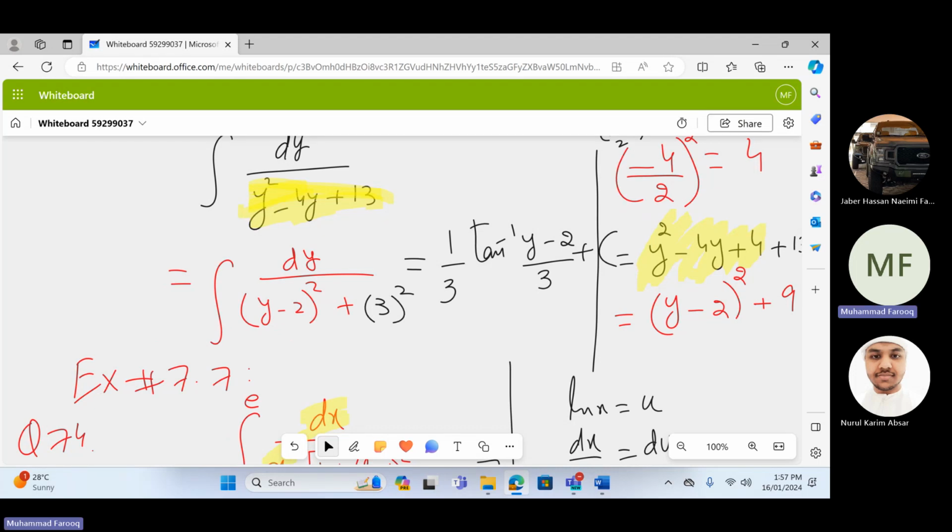That's also maybe 7.2, where we use it for finding the inverse, because the inverse of a square function is not possible directly. So you convert to a square, then swap x and y, and then you are able to find the inverse. It's a different situation, but the technique is the same. There they use completing the square, and here you are also using completing the square.